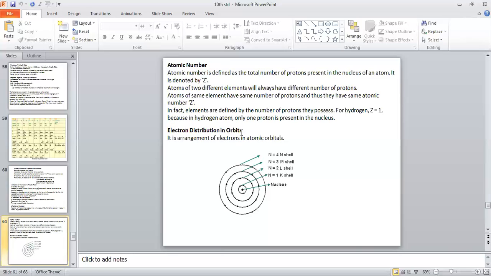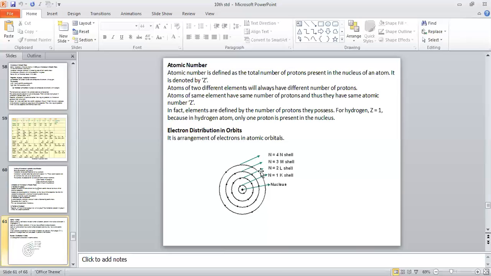Now electron distribution in orbits. This is the structure of an atom. So the atom consists of a nucleus at the center and around this nucleus electrons are revolving in different orbits. These orbits are called shells. So the first shell, n equal to 1, is called the K shell. Then the second orbit, where n equal to 2, is called the L shell.